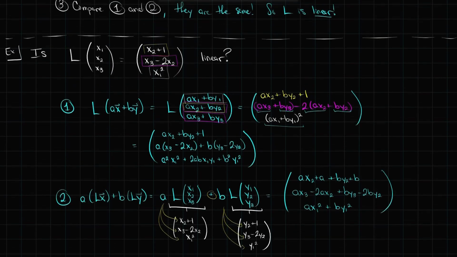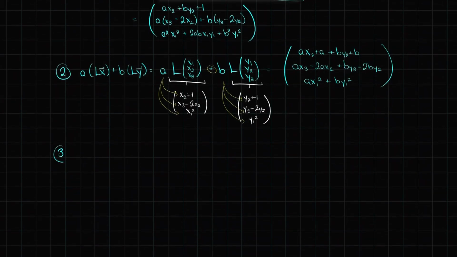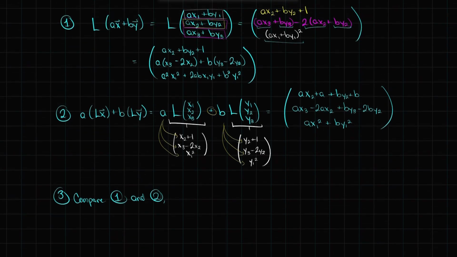In step 3, I'm going to compare 1 and 2. And in this case, let's just compare the first row. I've got an ax2 and a by2 there in the first row, but I have a 1 over here and I have an a plus b over here. So already in the first row, they are different.